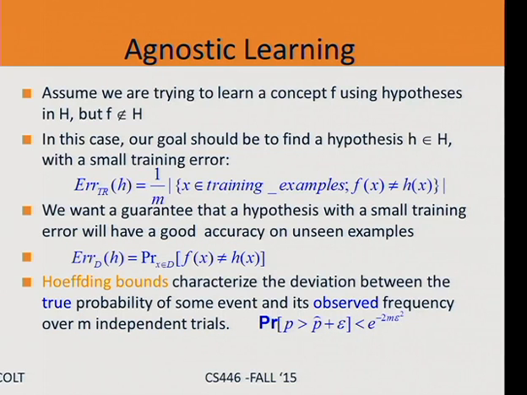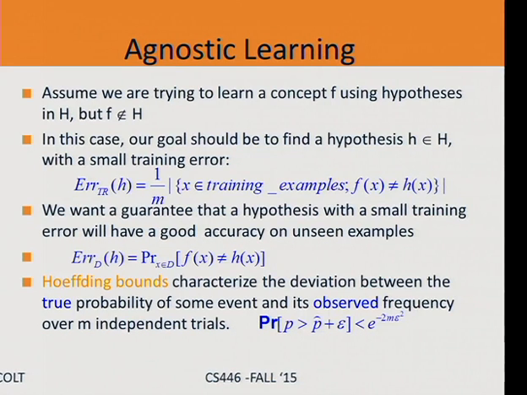And the way it does it is this way. It says the probability that P, the true probability, is off by more than epsilon from what you observe goes down exponentially fast in epsilon and in M. It's important that it goes down exponentially fast. And that makes sense, right?